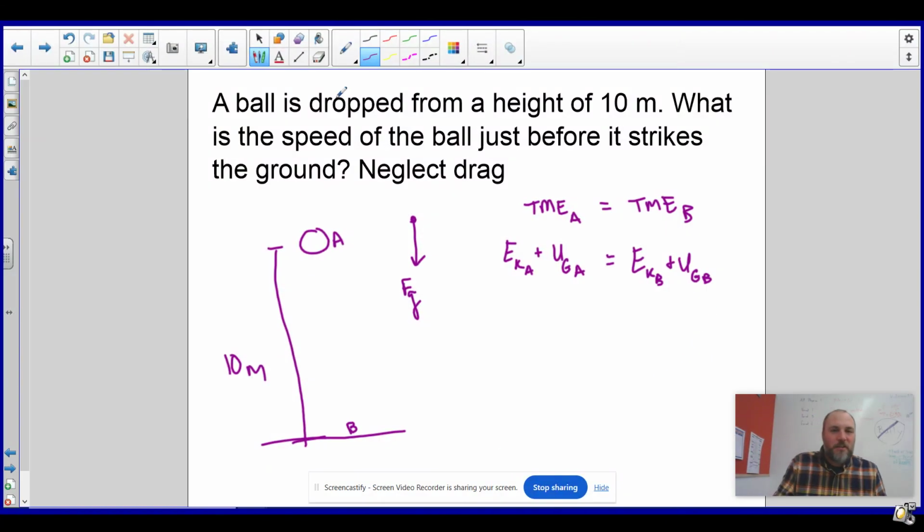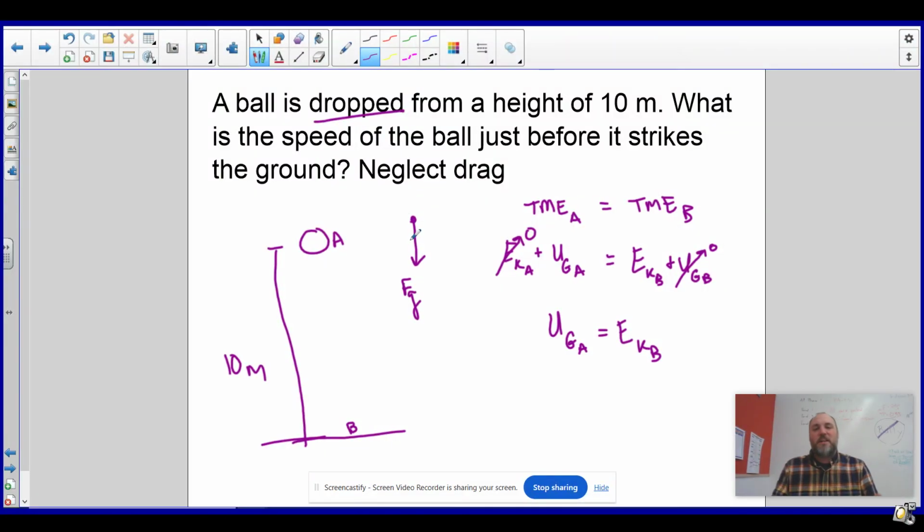Now, at the beginning, this object is dropped, so we can say the initial velocity is 0, so it starts with no kinetic energy, and we can also say that just before it strikes the ground, the height is 0. So there's no gravitational potential energy at the end. So basically what we're seeing here is all of the gravitational potential energy that you start with is being converted to kinetic energy due to the force of gravity.